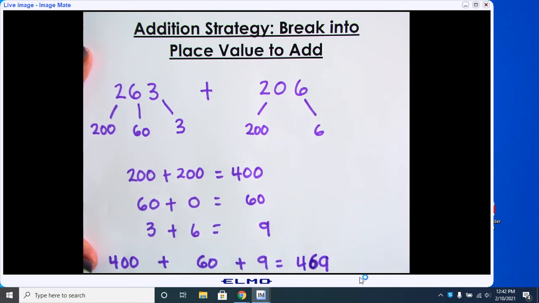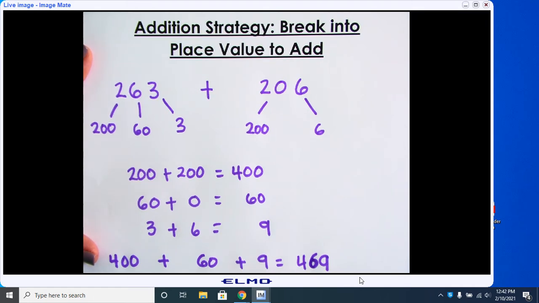Again, this strategy is called break into place value to add. This is a strategy that the third grade teachers will want you to be able to do, so take some time to try to understand this strategy.